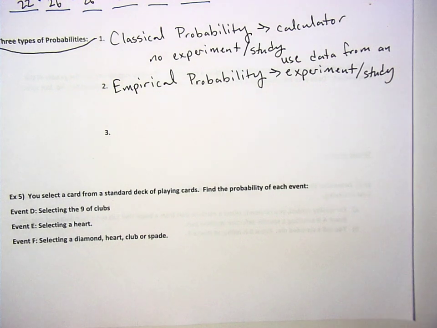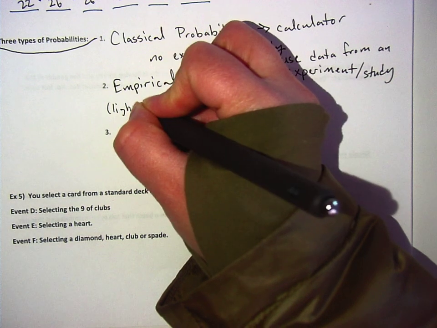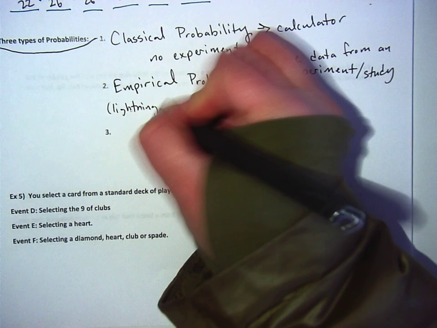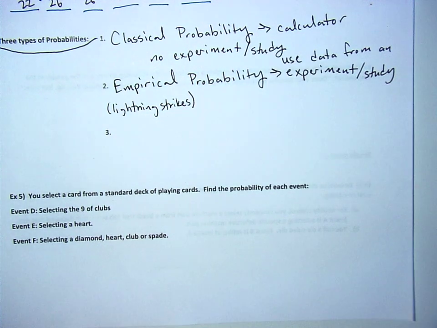An example of this would be like lightning strikes. How do we know how likely it is for you to get struck by lightning?